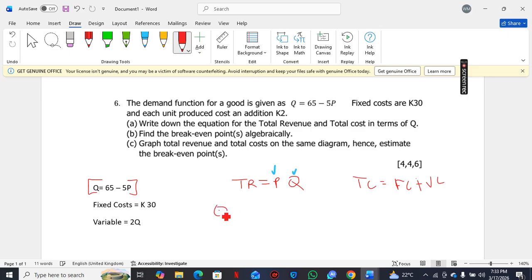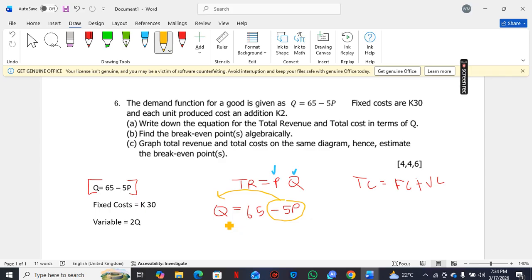So we start like this: Q equals 65 minus 5P. We want to make P the subject of the formula. Since it's a negative 5P, what we can do, colleagues, is take this negative 5P over the equal sign so that it becomes positive.